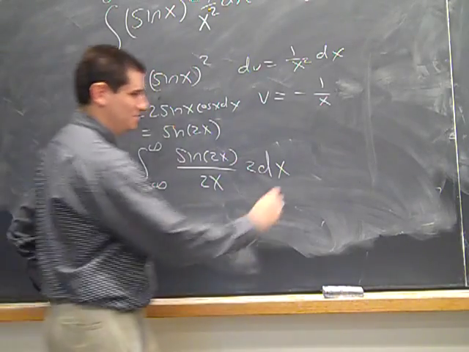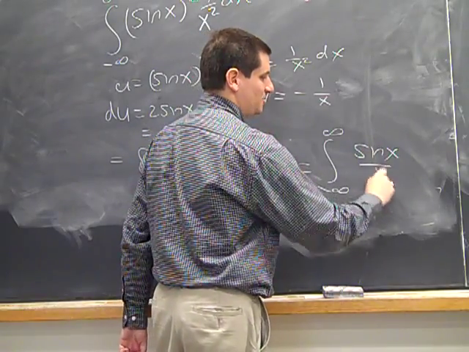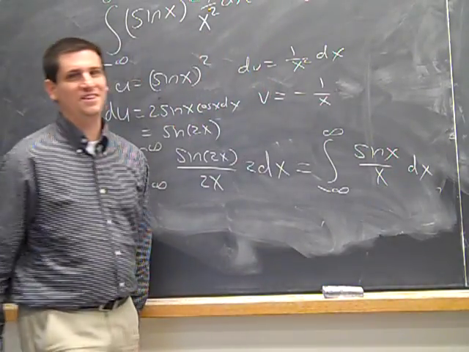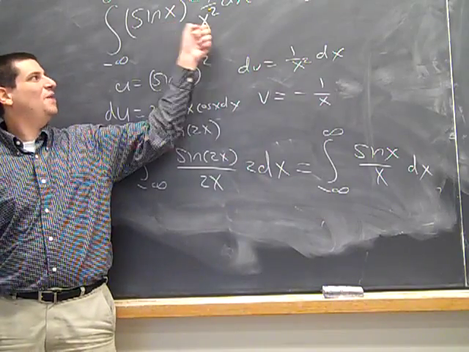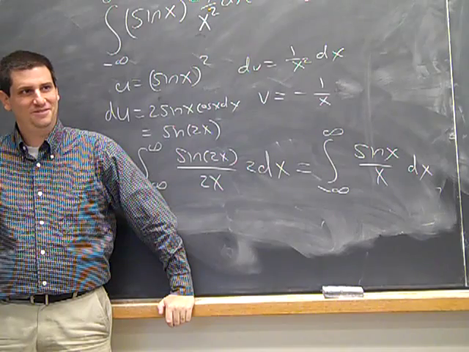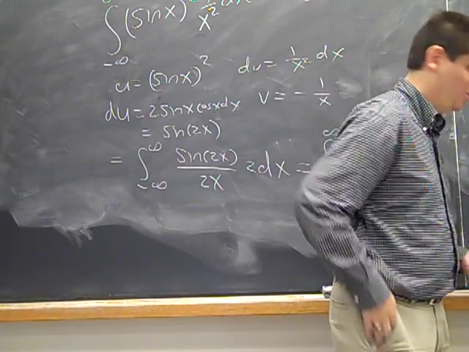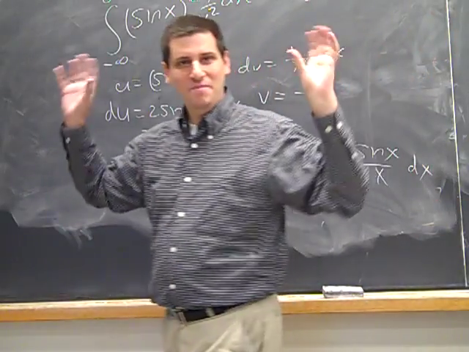And now change variables, and you get sine of x over x dx. The integrals are the same, but now my denominator up top will be a z squared. So play with that as another way to attack this problem. And you'll see how you can avoid the mess of that stuff there.